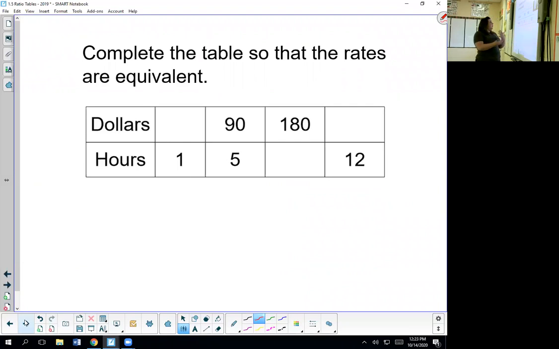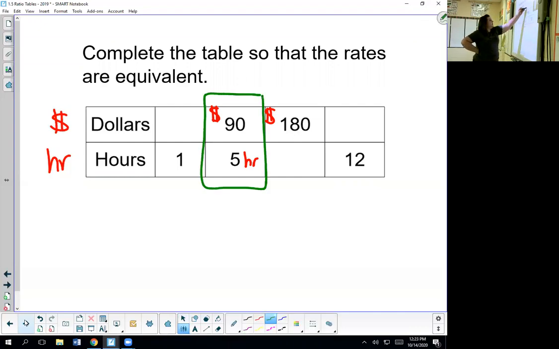So we got to figure out what is the relationship between dollars and hours. So where do you need to start? Well, you should look right here and go, oh, this is important. So what goes on top? Money, right? So I am making $90 in 5 hours.